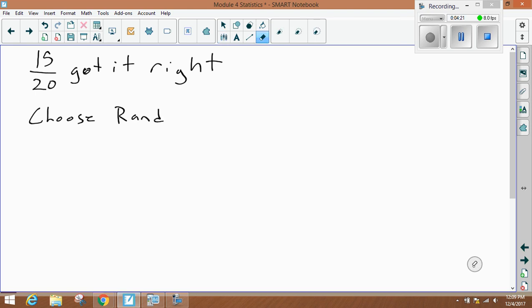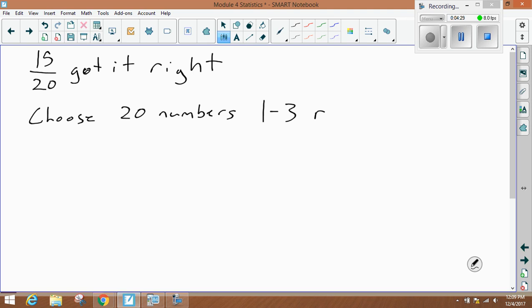So let's say I would choose 20 numbers randomly, and let's make them 1 through 3. And I would make those my correct guesses. And then I would see how often that happens.